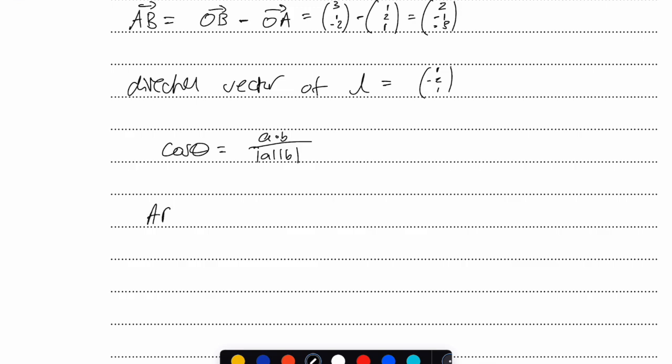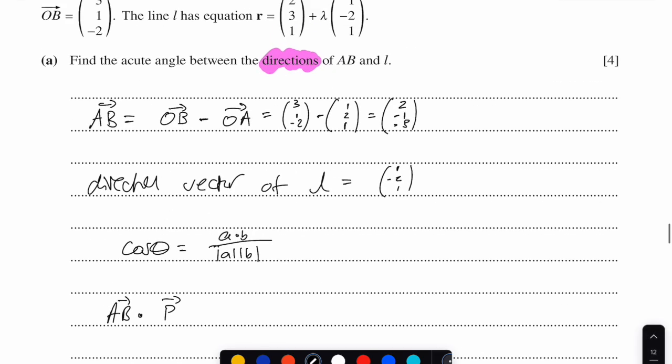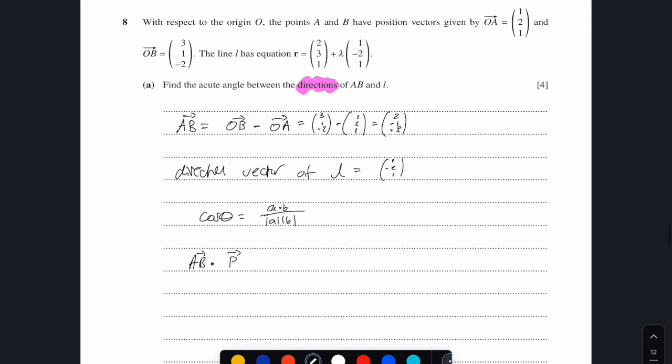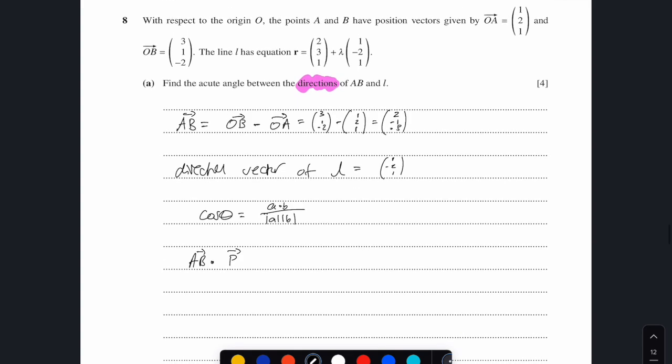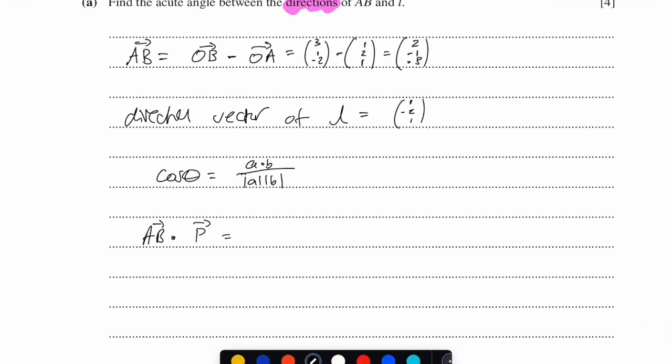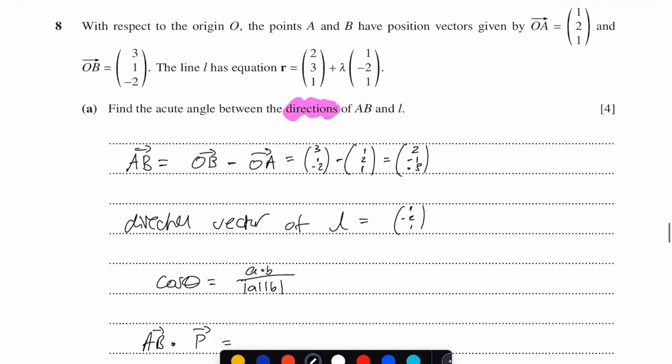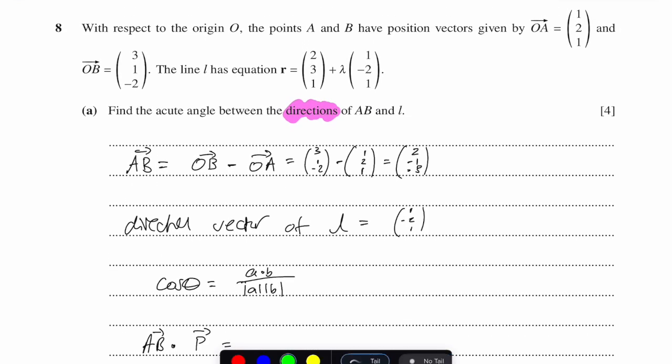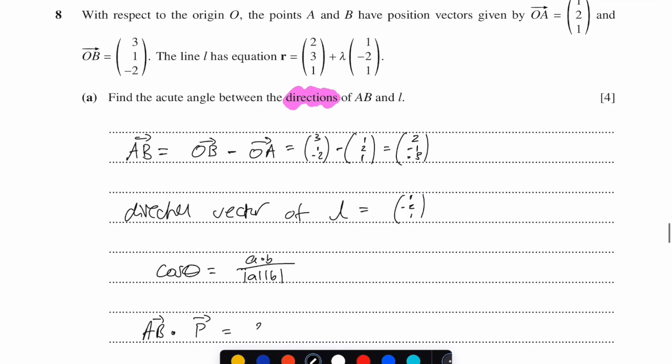Well, AB dotted with the direction vector of L, that's going to equal 2 times 1 plus negative 1 times negative 2 plus negative 3 times 1.